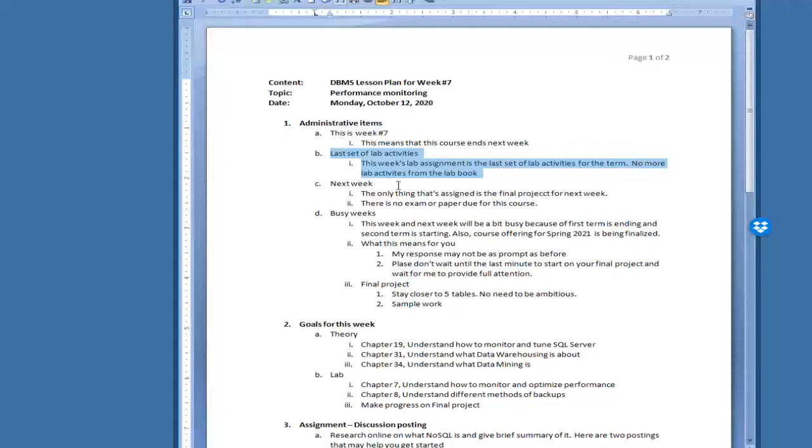Next week, which is week number 8, the only thing that is assigned is the final project. As we mentioned in the syllabus, there's no exam or paper due in this course. So the only thing that is due after this week is the final project.